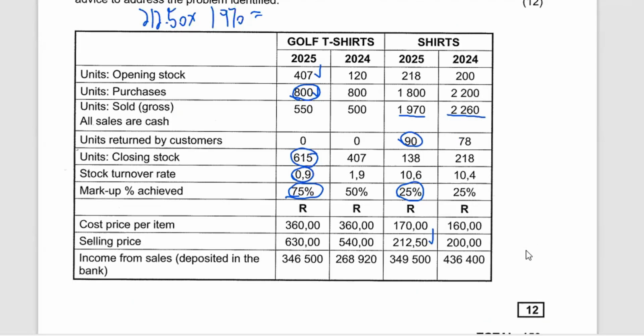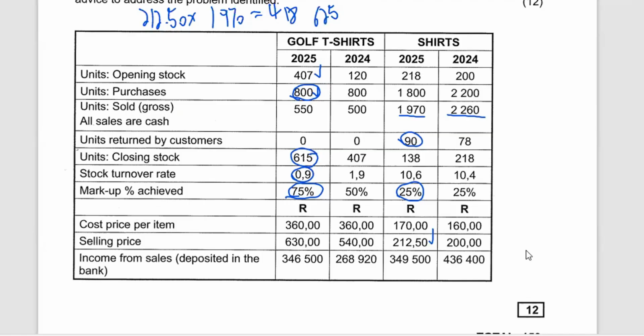We get our answer, which is 418,625. But the amount that we have received is 349,500. It means we have missing cash. That's the only thing that you can use. Also, we have missing cash.